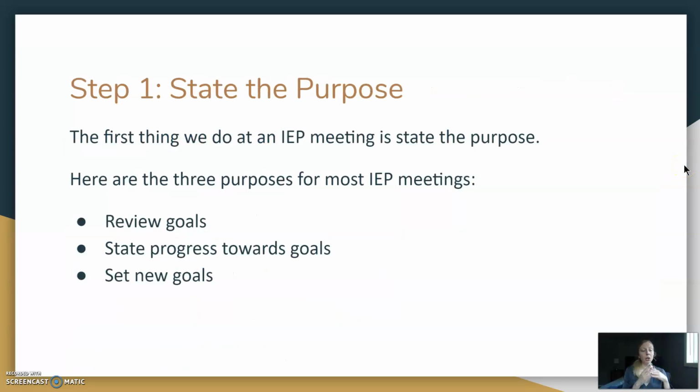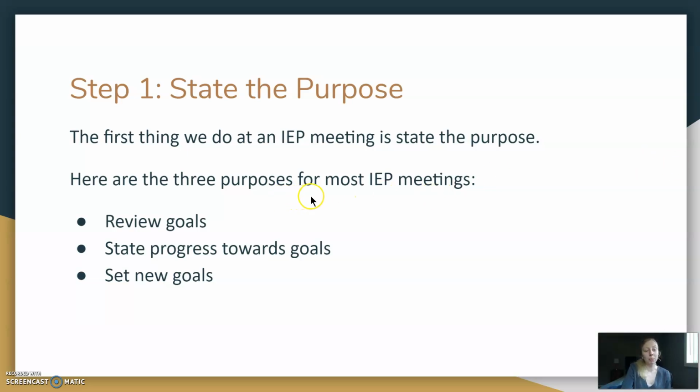Okay, so now we're on to one of the ways or one of the steps that you can participate in your own meeting, okay? What you're going to do is state the purpose of the meeting. Every single IEP meeting starts the same way. We need to state why everyone came to the meeting, okay?